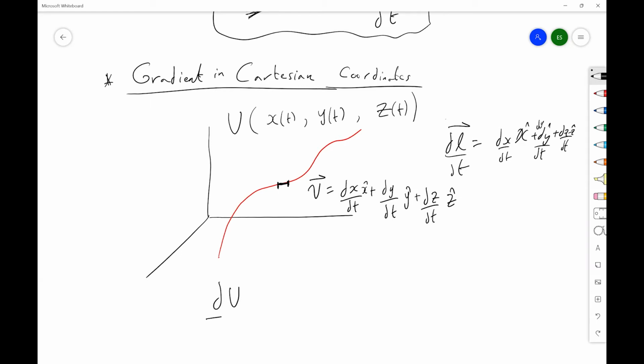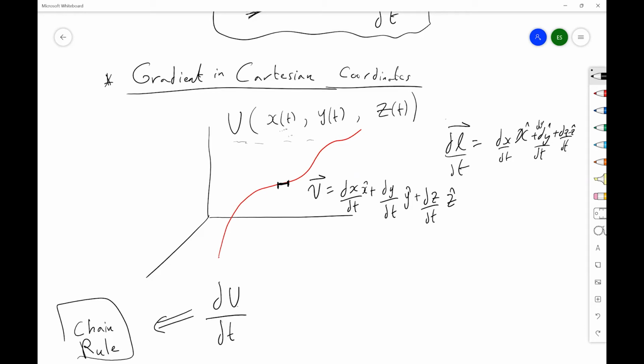What is du by dt? Here I want you to go back and remember from calculus something called the chain rule. The chain rule applies if you have a compound function like this, where we're trying to differentiate with respect to t. We want to change t by a tiny amount and figure out how that affects u, but we don't have a direct connection between t and u.